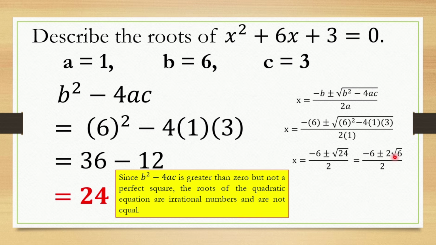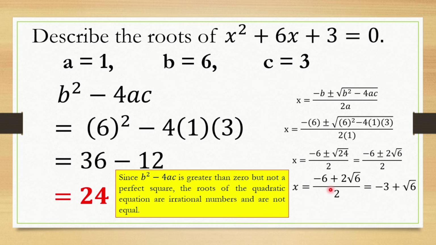Bakit naging 2 square root of 6? Because that is 4 times 6. So, ang 24 natin, it can be extracted as 4 times 6. And 4 is a perfect square, that is 2. And then si 6 not, so nandun lang siya sa loob, maiiwan siya. Okay, so we will have two solutions.